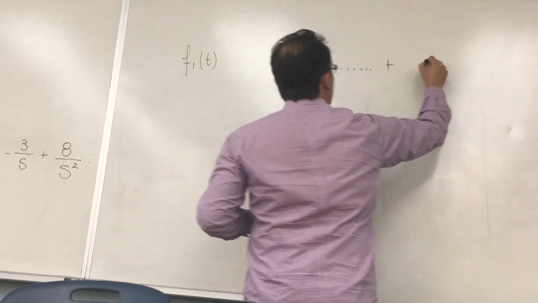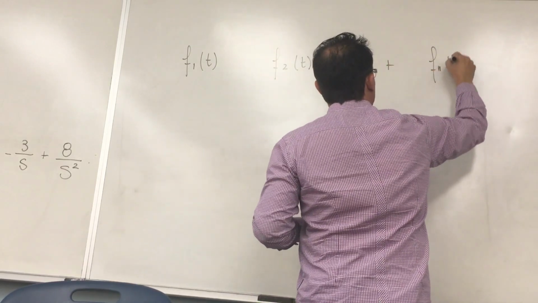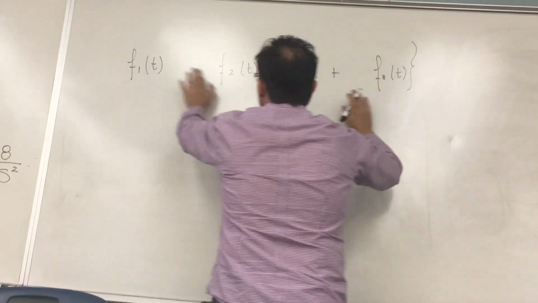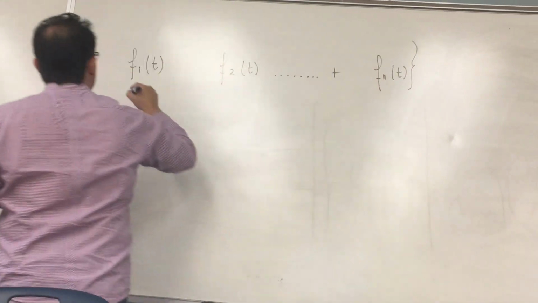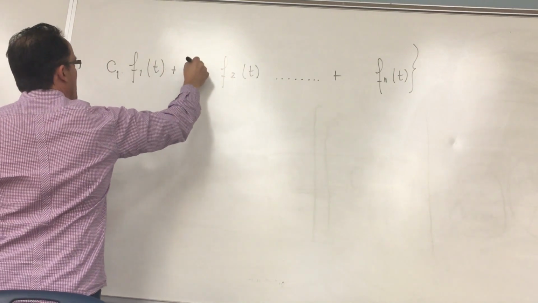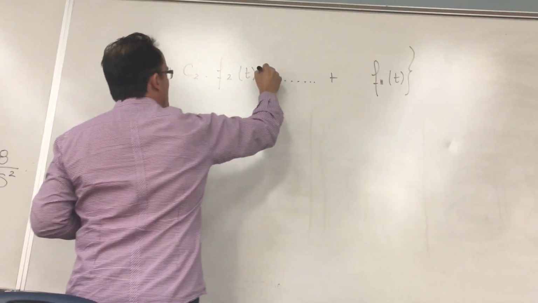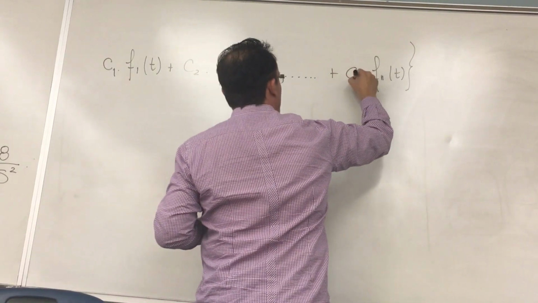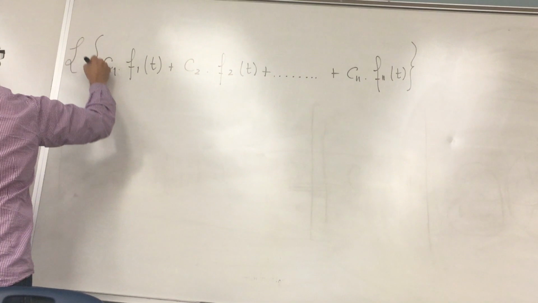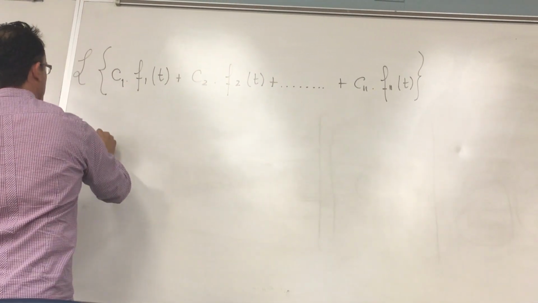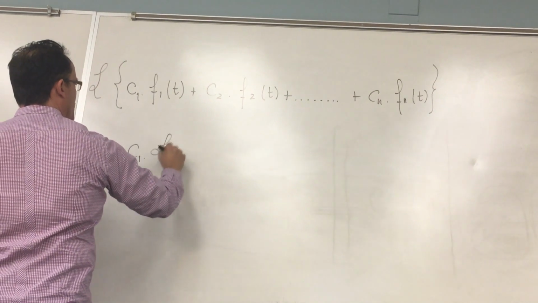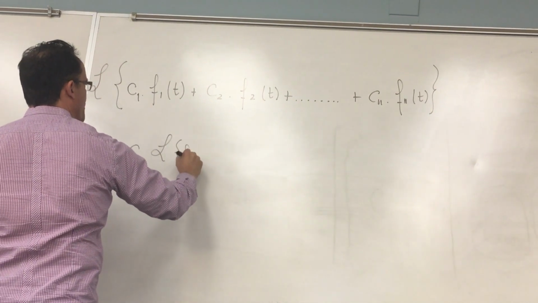Dot. And the last one, right? And if the Laplace transform of each exists, if you multiply by a constant each one of those, then the Laplace transform of this is nothing but take the first constant and multiply by the Laplace transform of the first.